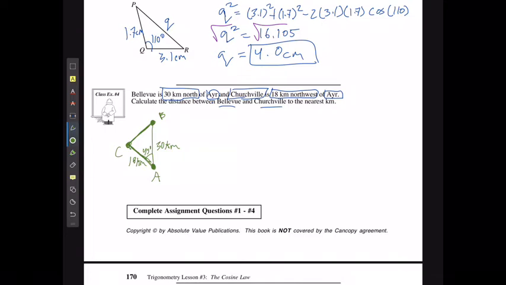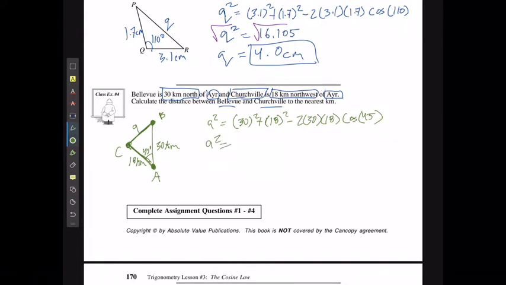And it wants us to solve for the distance between Bellevue and Churchville, so it wants us to find side length A. Well, in this case, I'm going to say that A squared is going to equal 30 squared plus 18 squared minus 2 times 30 times 18 cos of 45.